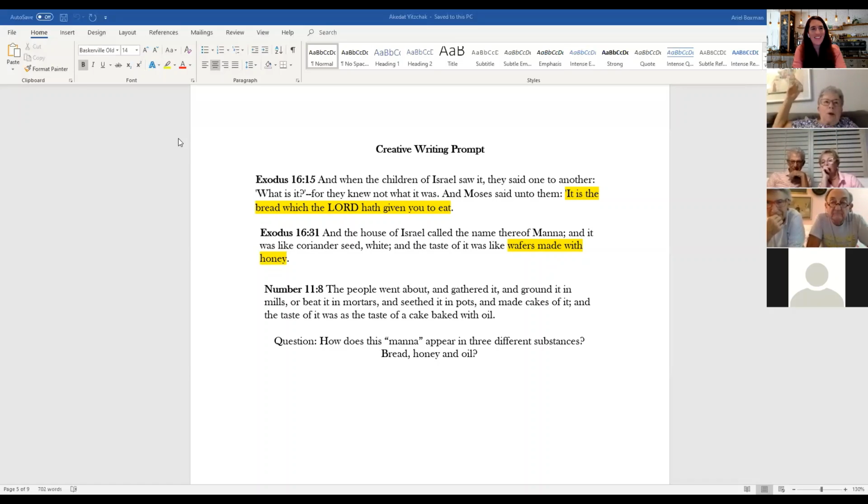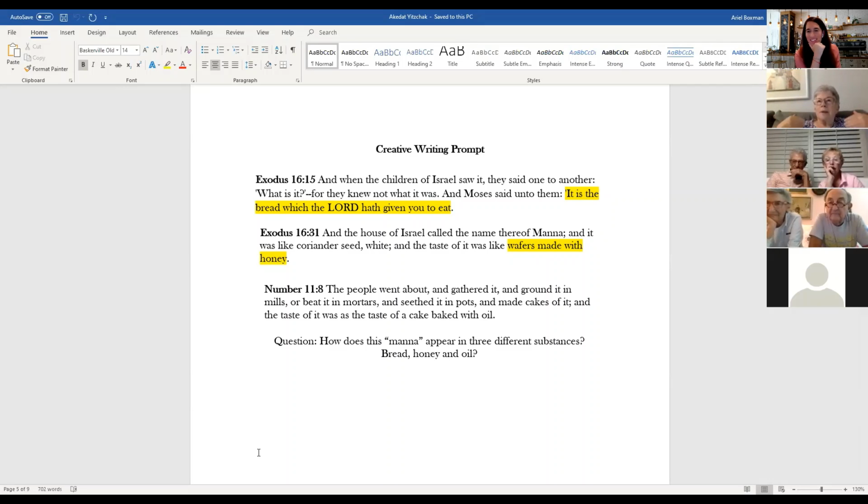It seemed to me that since it was the only thing that they had to eat, and all the stuff that they brought with them from Egypt was certainly gone by then, they had to live with what they were getting, the manna. I never thought of it before. I thought of it as some substance, but here, if it's wafers made with honey, that's like cookies.